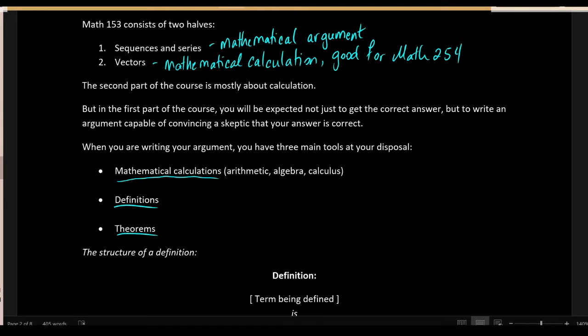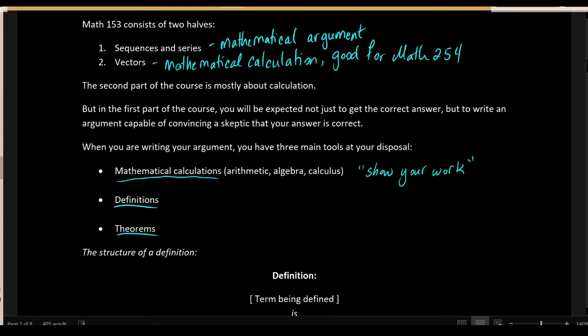Now, mathematical calculations you're probably familiar with. This is what's usually referred to when someone asks you to show your work. Show me the mathematical calculations that you did in order to calculate this answer. If your calculations are all correct, then your answer is probably also correct. So that's one way to convince the reader that your answer is the right one.